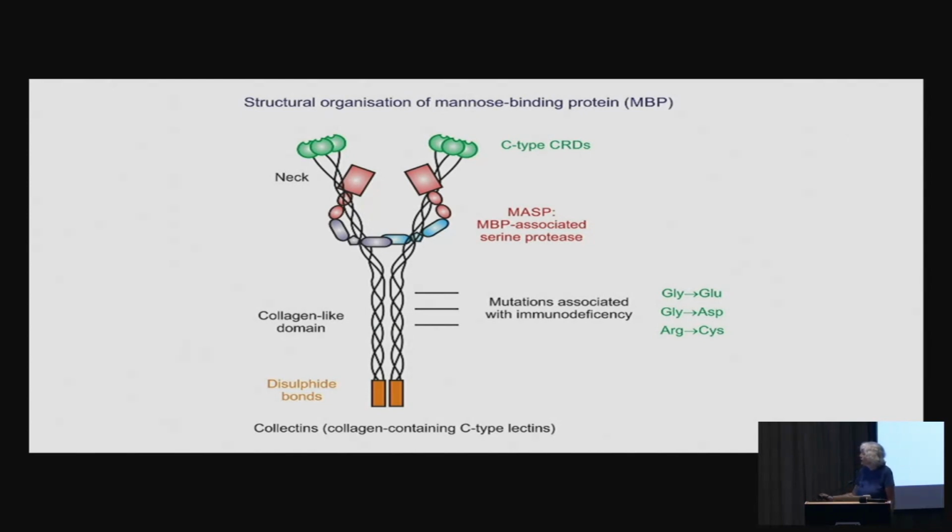And these are the mutations which are associated with immunodeficiency. They don't affect sugar binding, but they affect the oligomerization of the protein and its ability to fix complement. So this is an example of one which is involved in pathogen recognition.